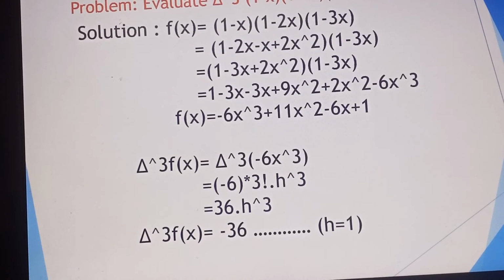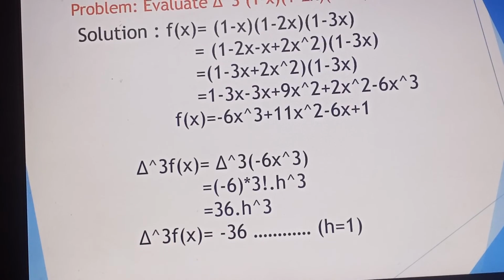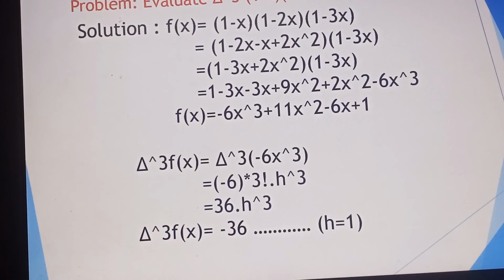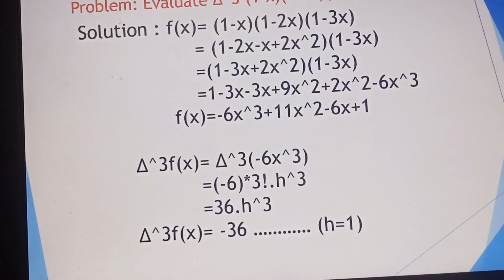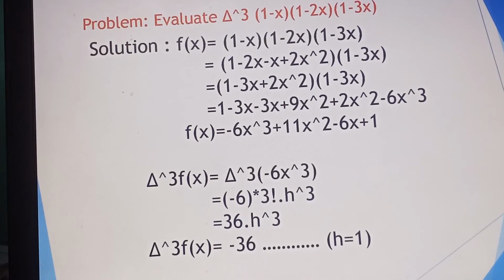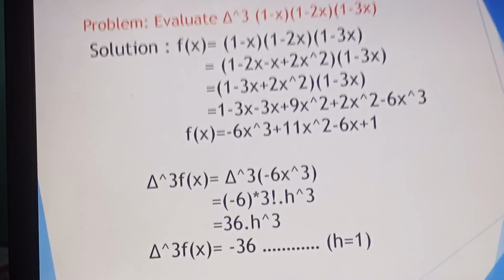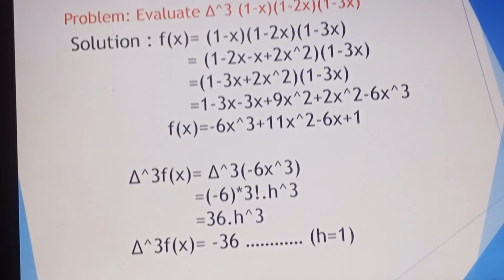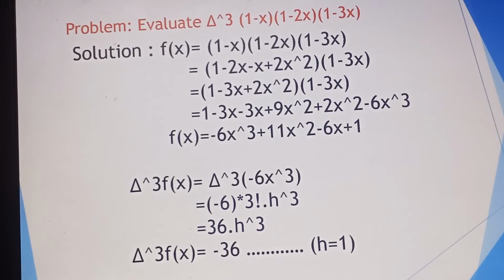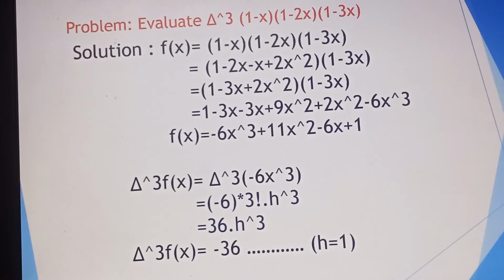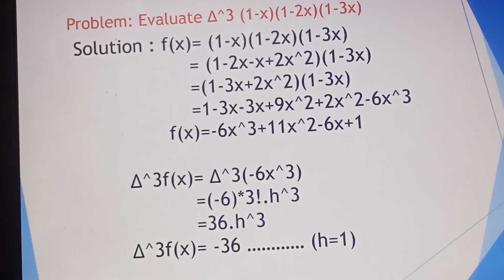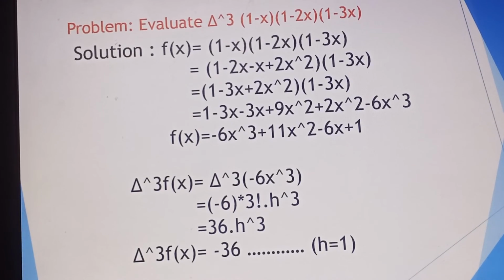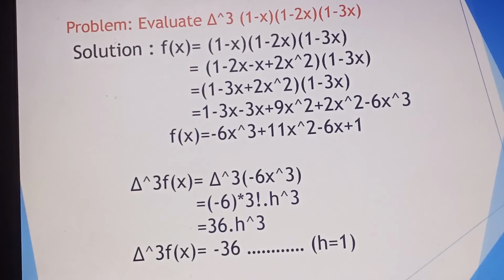Then we put this in the equation. We get delta cube f of x equal to delta cube of minus 6x cube. Then from the formula, delta raised to n f of x equal to a n factorial h raised to n, we put all the values in this formula.